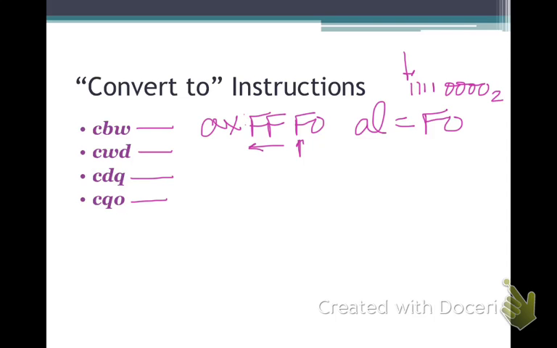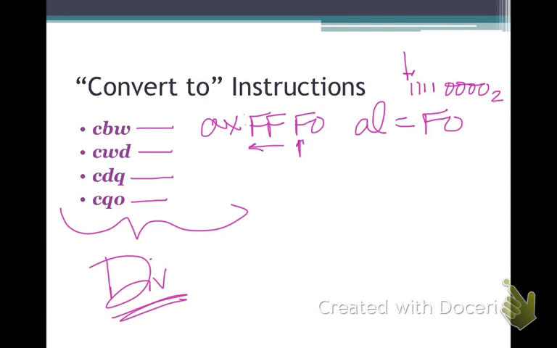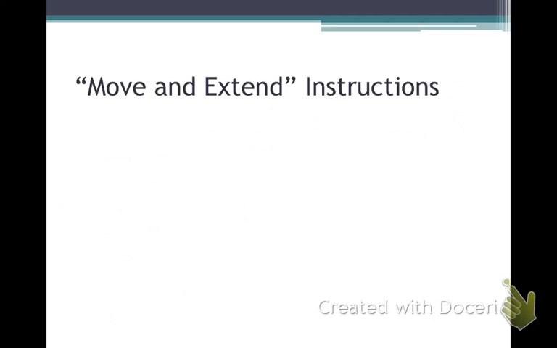These are designed specifically for use with the division instructions, but they're kind of handy. And we were talking about how I sign extend things. I could do it the way we did that example earlier in the chapter, or I can use these special purpose move and extend instructions.